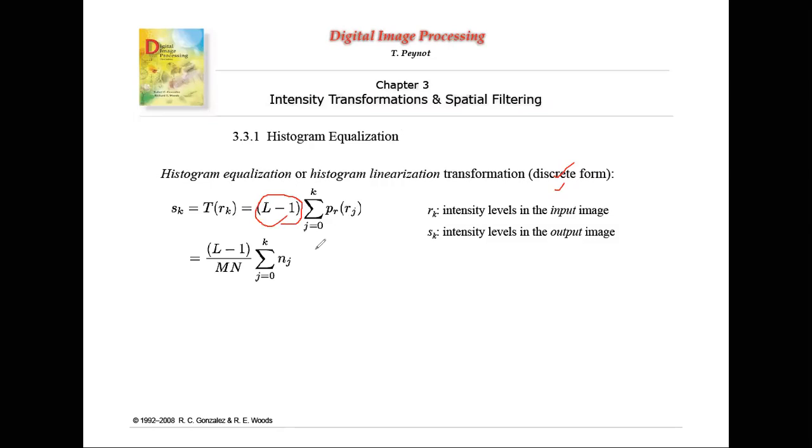Okay, remember the formula. This is cumulative sum. At 0 it is the first value, at 1 it is zeroth value plus first value, at 2 it is zeroth plus first plus second value. Everything shall be multiplied by 255.